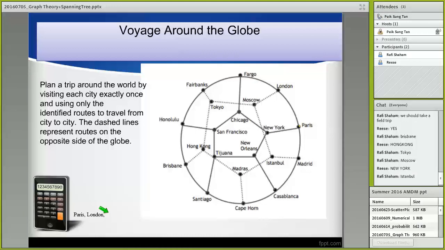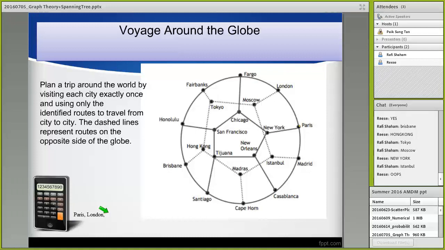Is a dotted line from Moscow connected to London or Istanbul? Okay. After Istanbul, look at the dotted line now because we are on the other side of the world. We can go to Madrid or Madras.